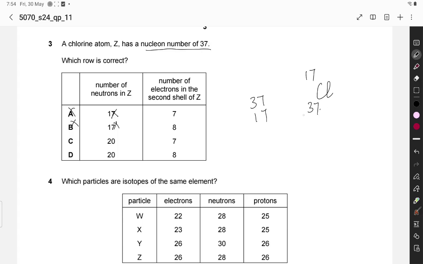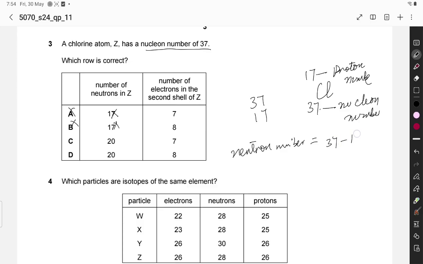This is the nucleon number, and this is the proton number. And we can find out the neutron number by subtracting. Neutron number is equal to 37 minus 17, which is equal to 20.